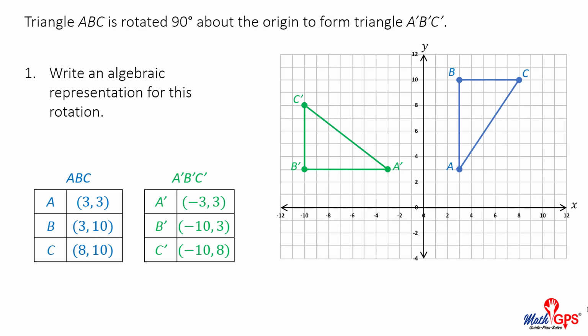What do you notice about the y values in triangle ABC vertices and the x values in triangle A', B', C' vertices? An algebraic representation for a 90-degree rotation about the origin is (x, y) transformed to (-y, x).